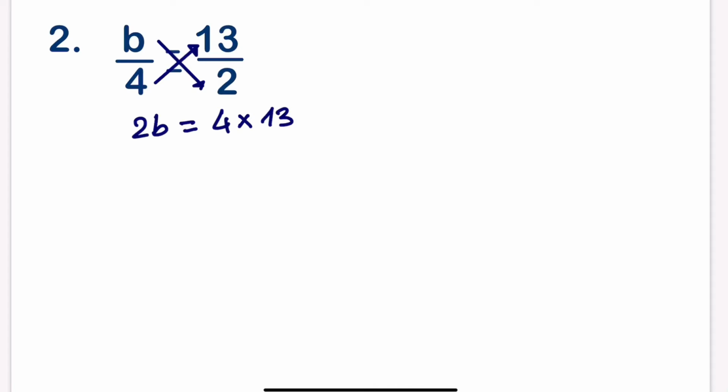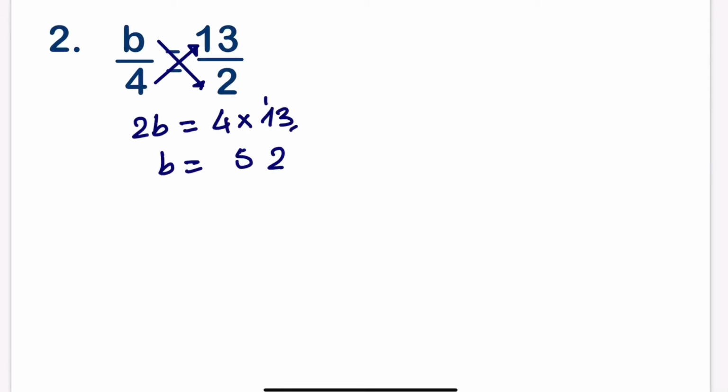So this implies we can simplify this further. If we multiply, 4 times 3 is 12 and carry 1. 4 times 1 is 4 plus 1, 5.